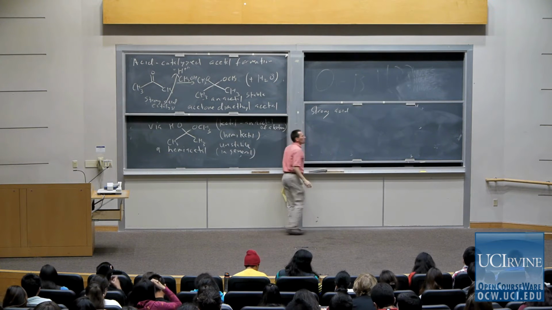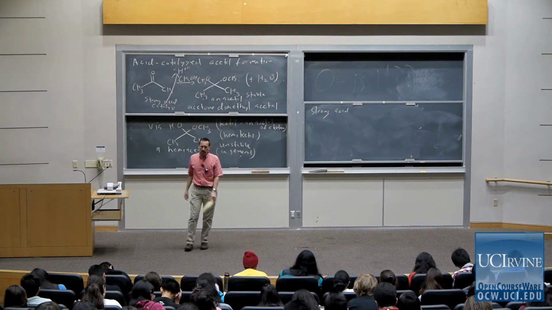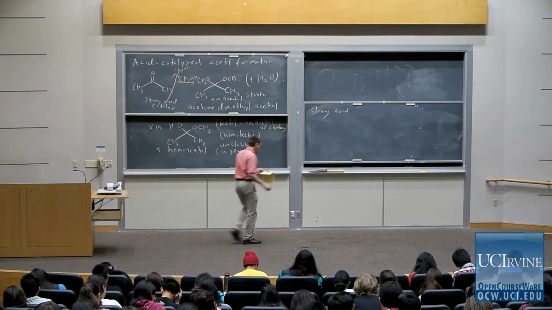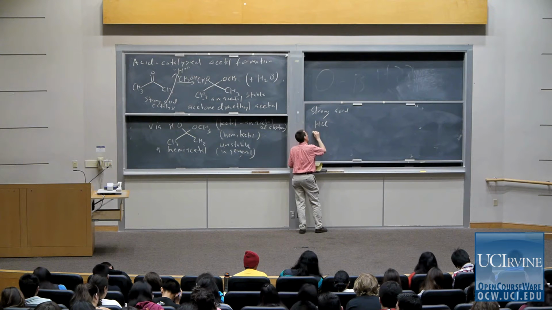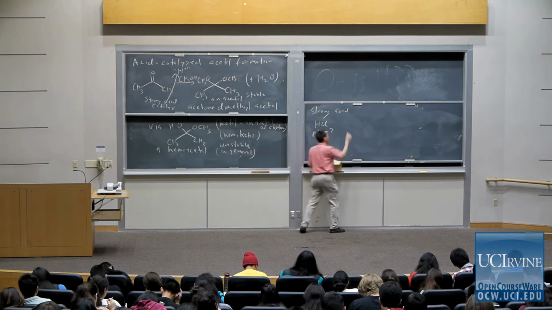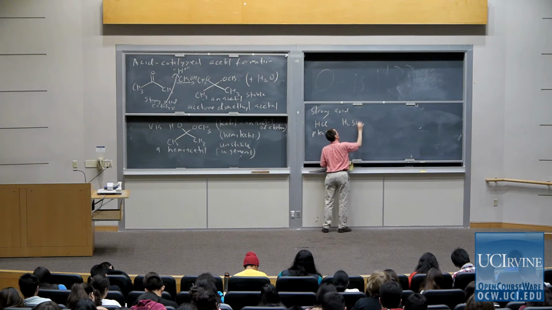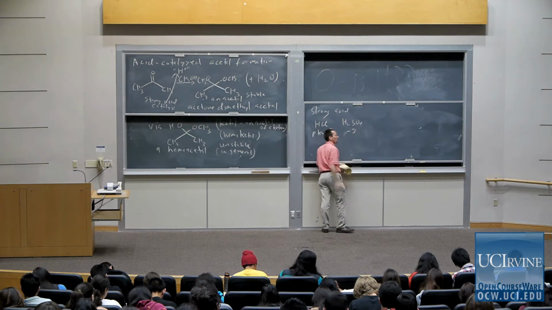In general, a strong acid is anything that's got a pKa that's lower than that of the solvent that you're thinking of. So HCl, pKa of -7, H2SO4, sulfuric acid, pKa of, I'll just write -3 underneath.